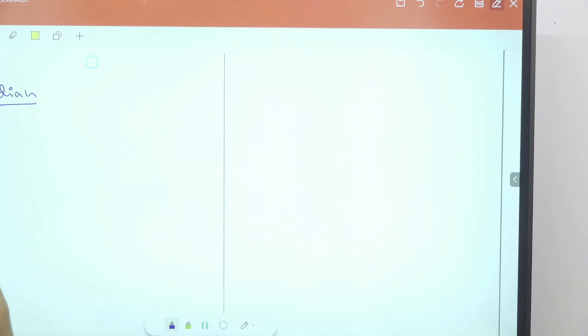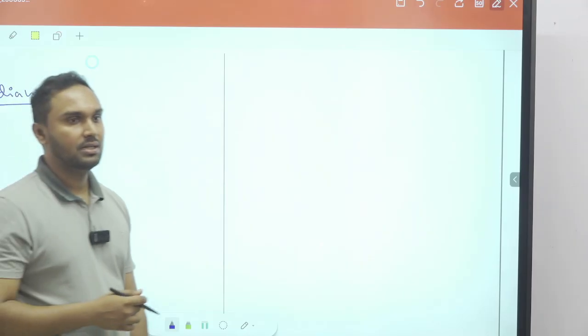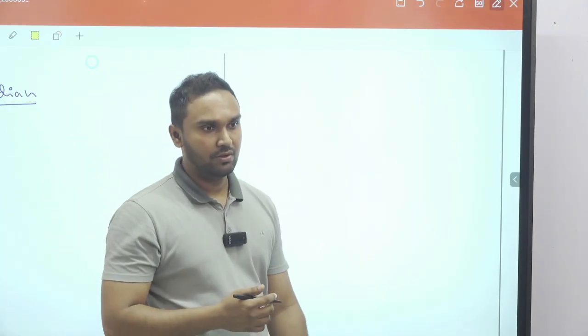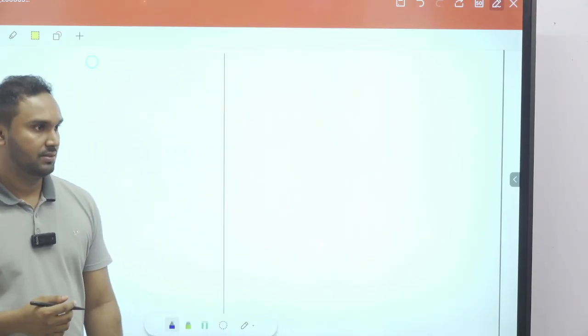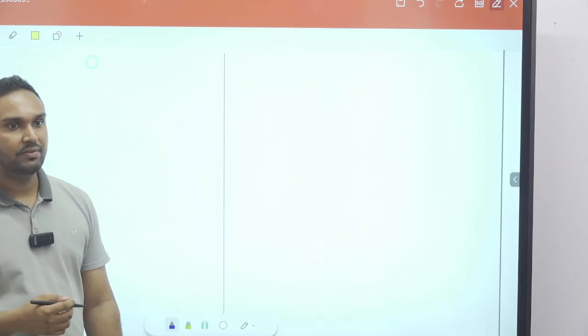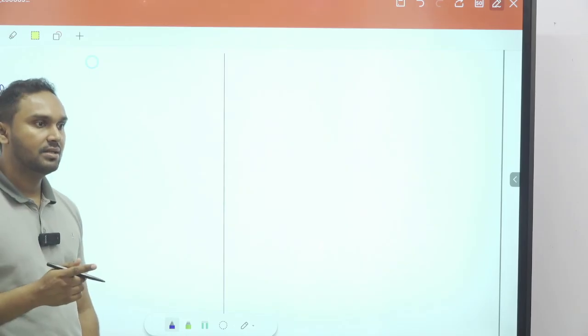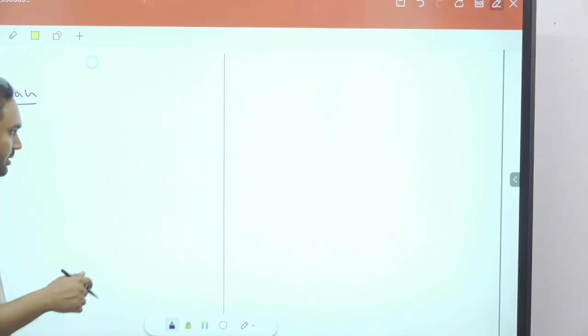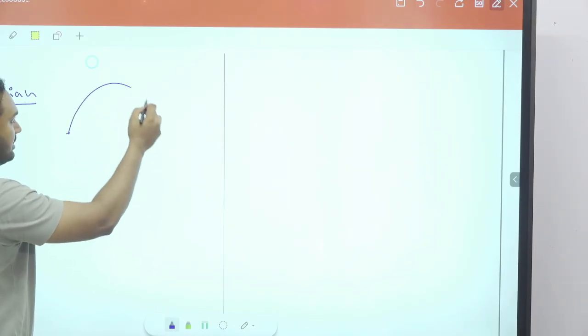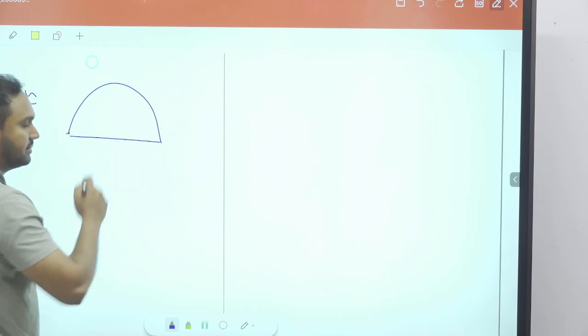So now listen. Simply, what is a radian? How do you measure a radian? Radian is the circumference over radius ratio of a sector, of any sector. If you have to find the angle value in radians, you divide the arc length by its radius. Let's say a sector like this, a semicircle.